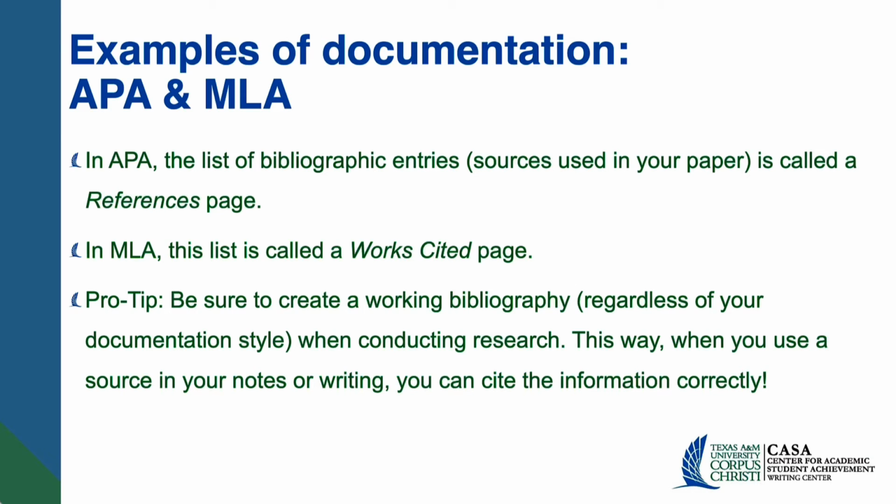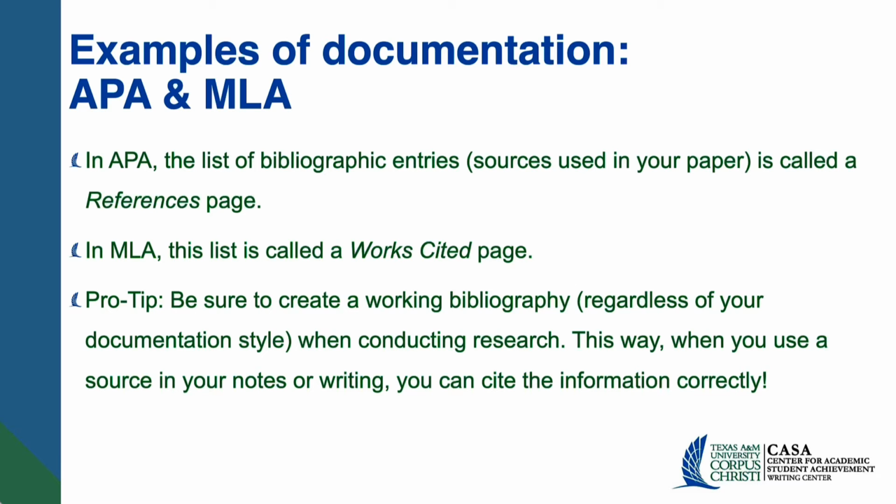You'll remember in Module 4, I mentioned that there are two different ways to cite, in text and a references page. This is where we will talk a little bit about reference page entries. In APA, the list of bibliographic entries, meaning the citations of all of your resources, is called a references page.